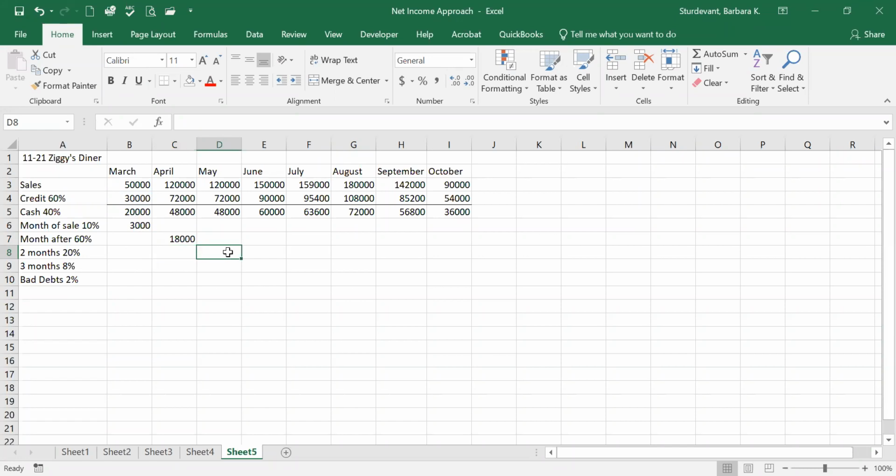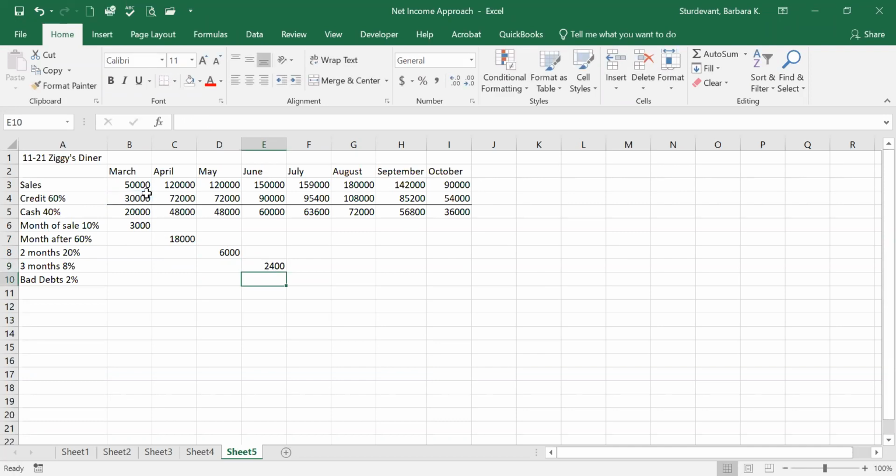Okay, so in May, 2 months later, I'm still taking that 30,000, and now I'm going to multiply by 20%. In June, I'm going to take that 30,000 and I'm going to collect 8%.